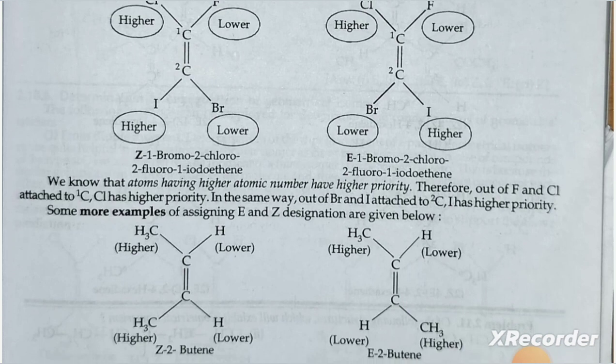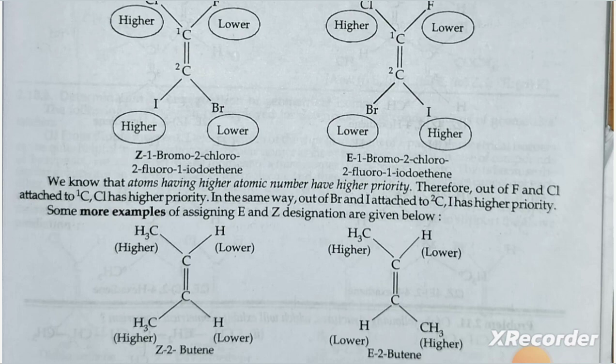We know that atoms having higher atomic number have higher priority. Therefore, out of F and Cl attached to C2, chlorine has higher priority. In the same way, out of bromine and iodine attached to C1, I has higher priority. Some more examples of assigning E and Z designation are given below.